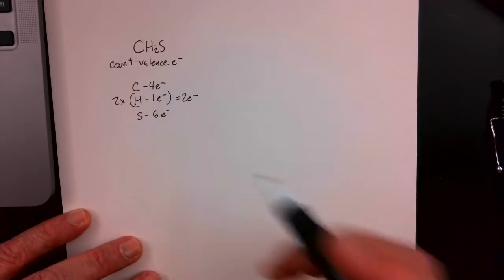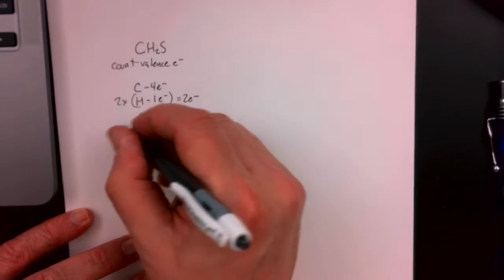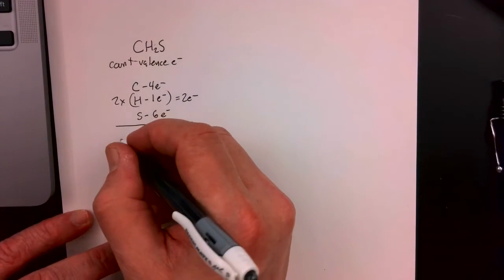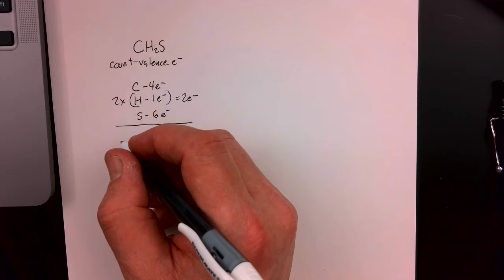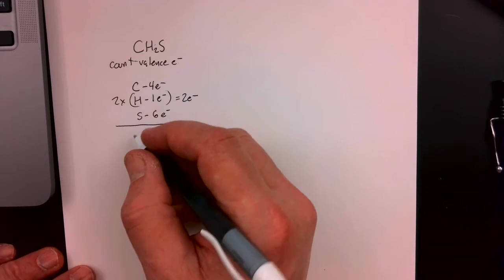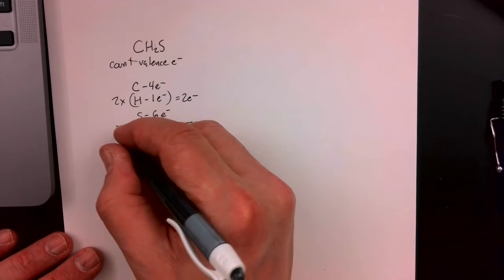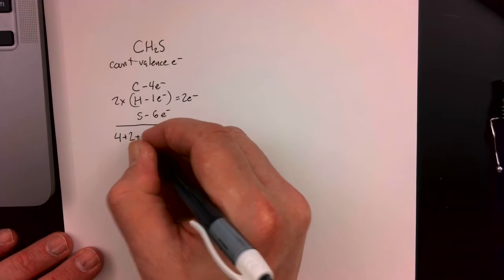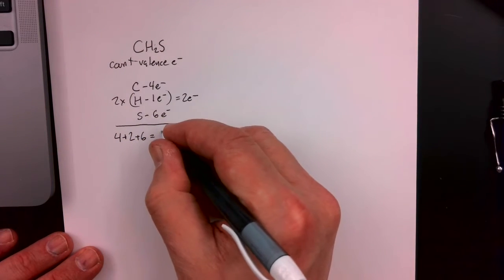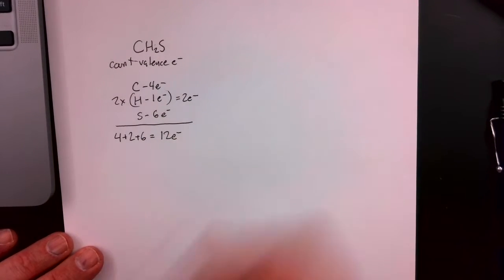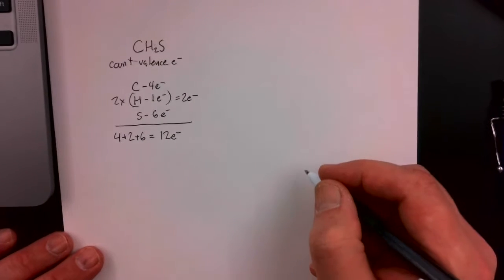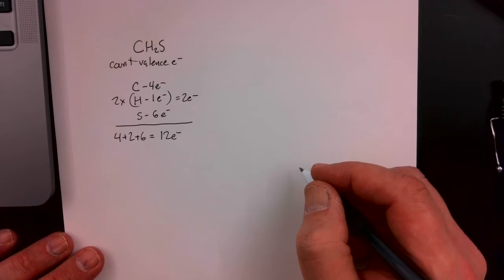All right, so there we are. If we add them up, we get 4 plus 2 plus 6 is equal to 12 electrons, okay? So 12 electrons is what we have to play with.